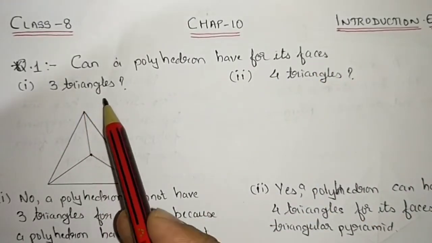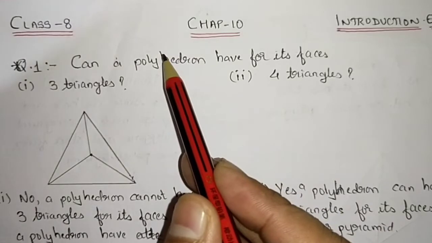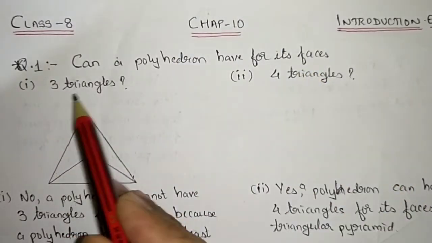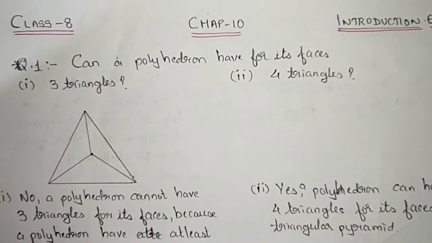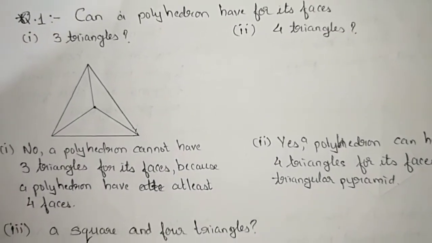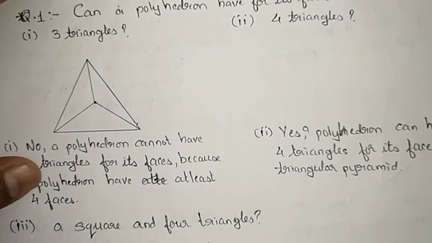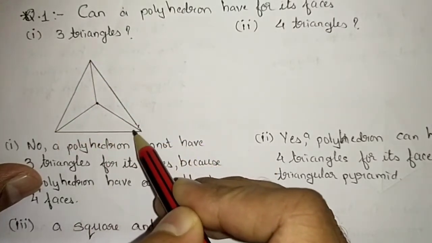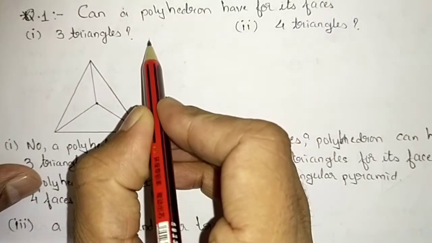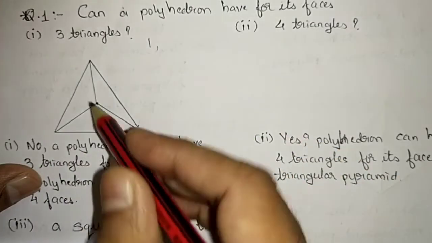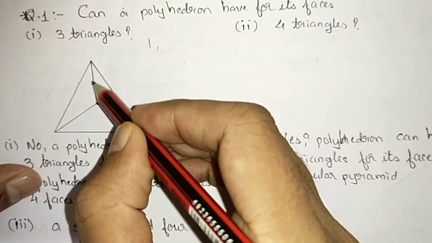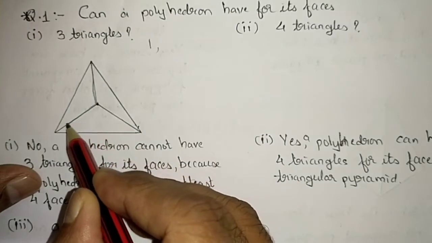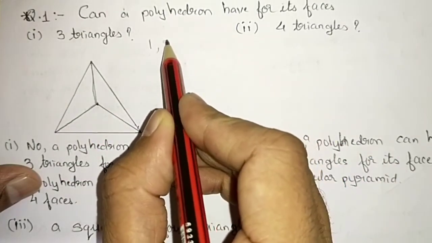That means, can you make a polyhedron with 3 triangular faces? Let us see. For that purpose, let me first take one triangle. This one, the bigger triangle. So we have already taken one triangle, right? The other triangle, if I place it over here, so I have taken 2 triangles.